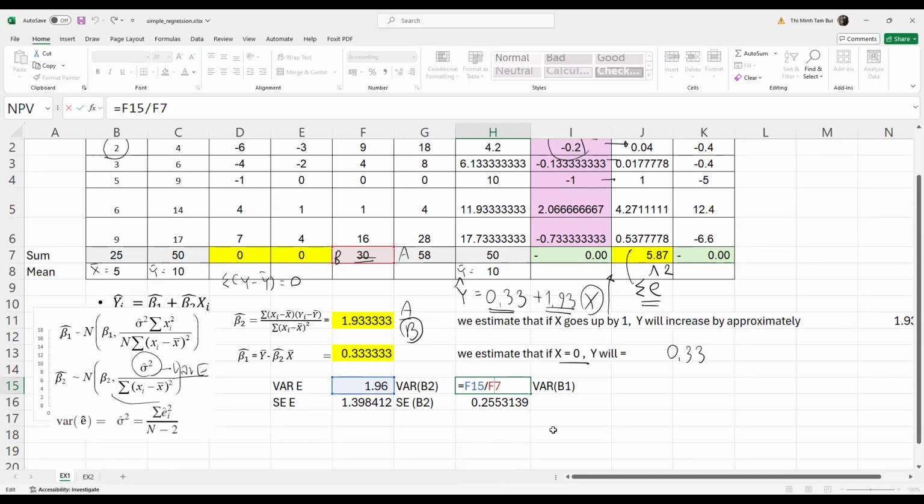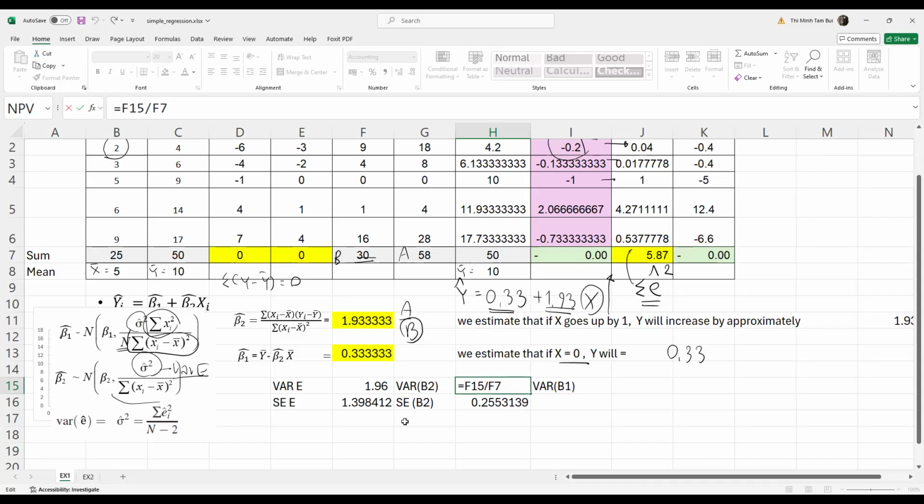For beta 1, previously we had this one for beta 2, but for beta 1 they require you to calculate over n and multiply by this one.